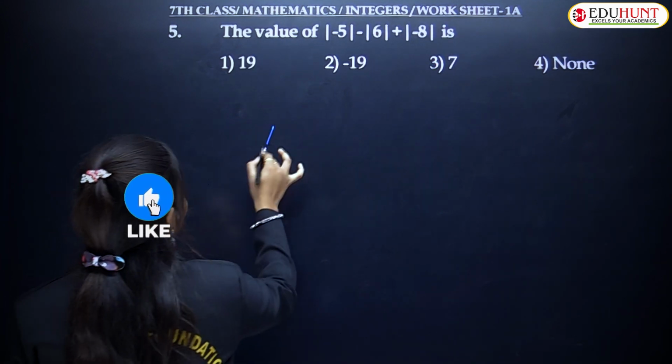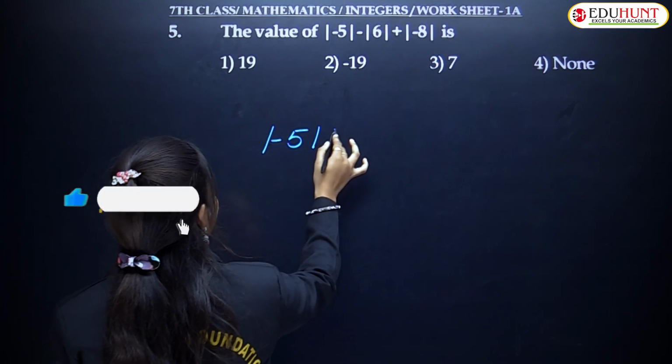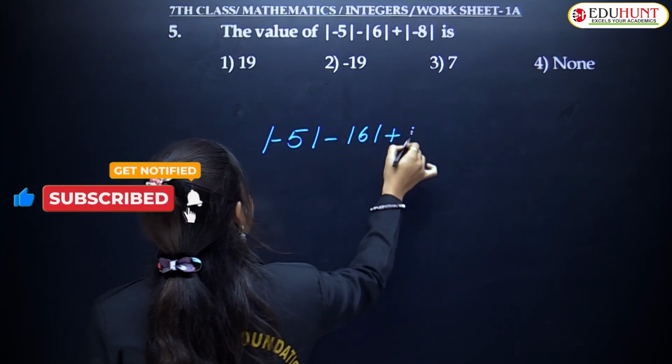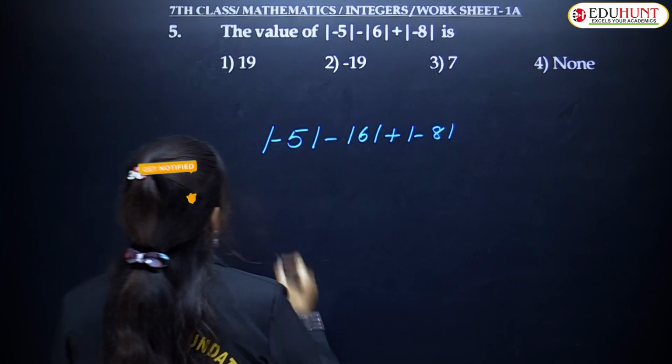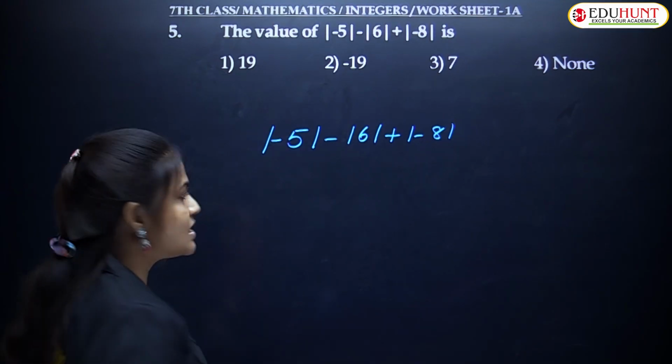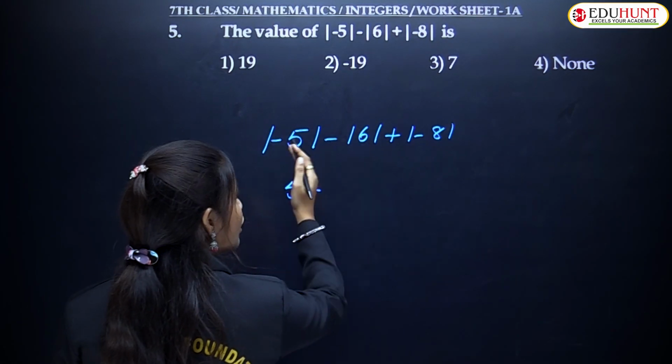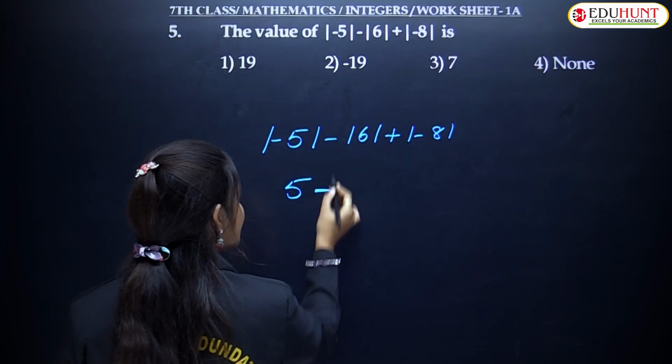Next, fifth question. The value of modulus of minus 5 minus modulus of 6 plus modulus of minus 8. The modulus of minus 5 is positive, so this is 5. The minus outside of the modulus we have to write as it is.